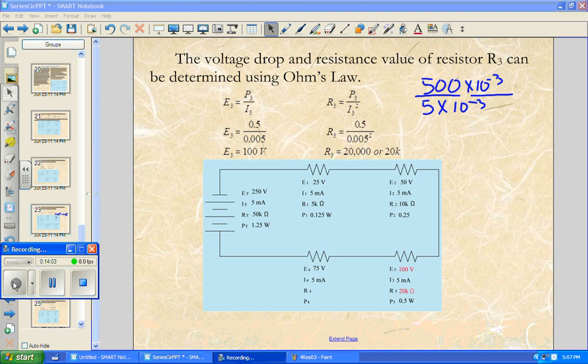So we're going to have 500 times 10 to the minus 3, and we're going to divide by 5 times 10 to the minus third, which is 5 milliamps, right?